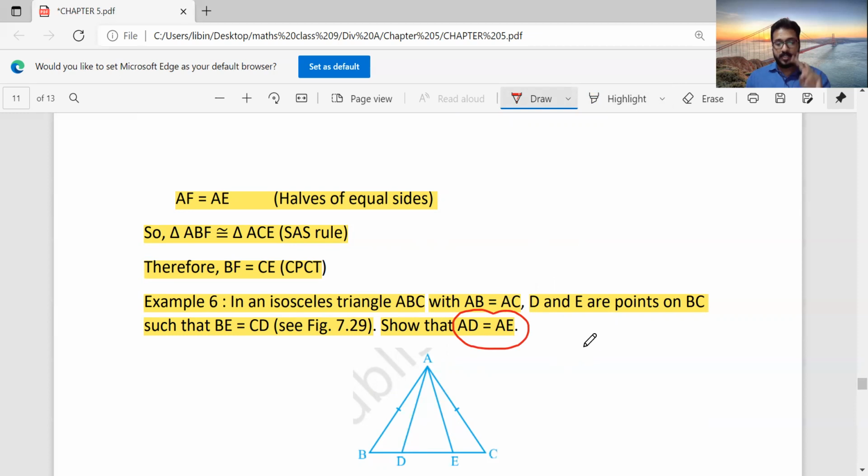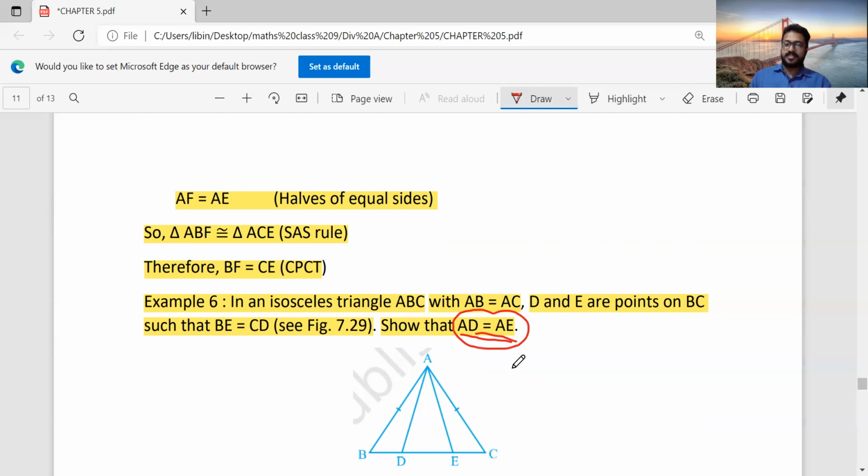We should be considering two triangles whereby we should be able to prove that these two triangles are congruent. And which two triangles we should consider? Triangles in which they have sides AD and AE. So let us see where is the triangle with these two sides. Okay. So can you suggest any triangles?